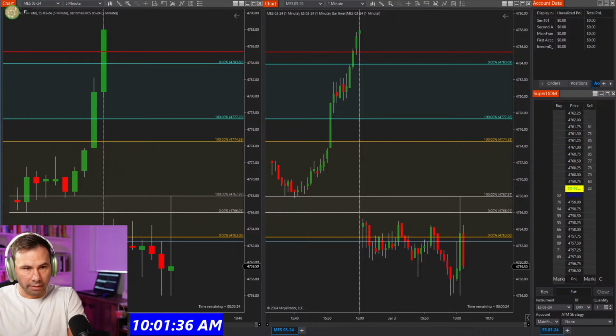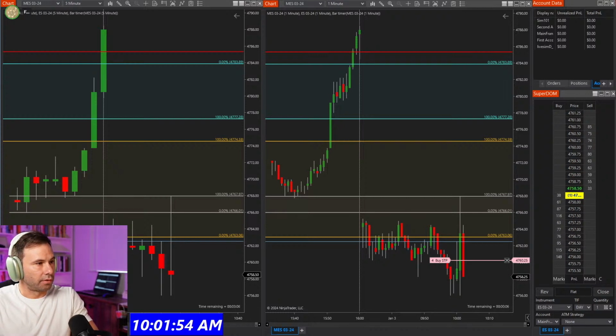Tick is not negative. Yes, I'm gonna put an order to go up here. If this thing holds, I'm gonna get in at 60. It's gonna be a late trade, but I'm not gonna take it falling. I'm gonna take it on its way up.